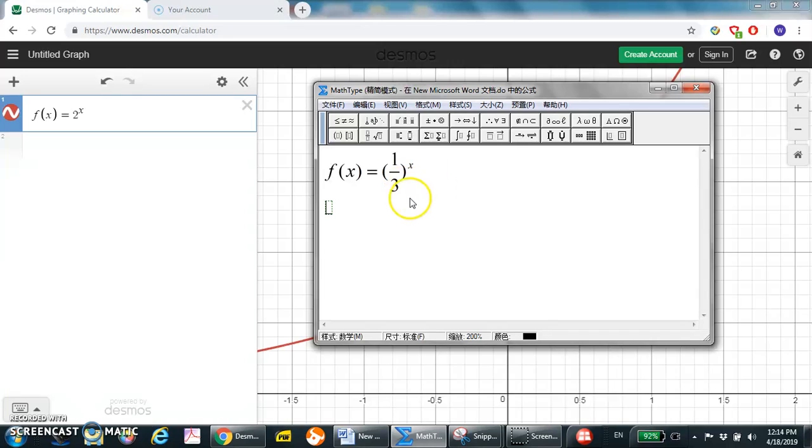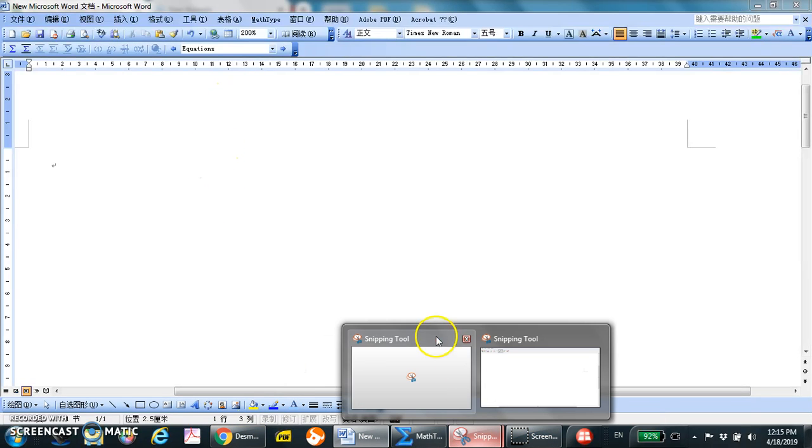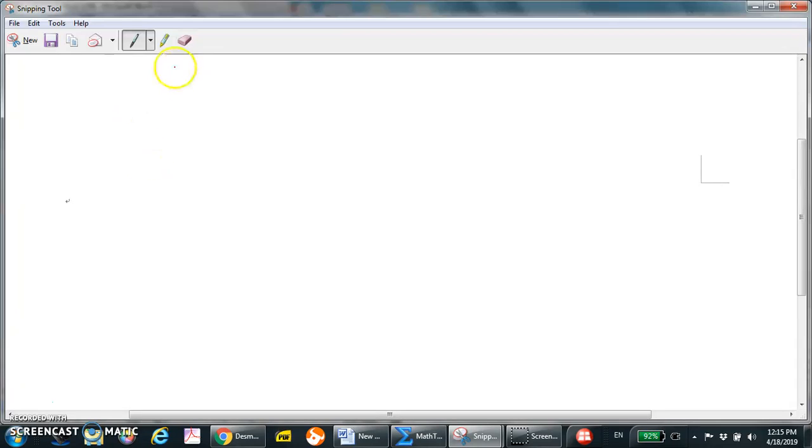Now, let me show you what the graph of this exponential function looks like: g(x) equals 1/3 to the power of x. Now I'm going to graph this function.